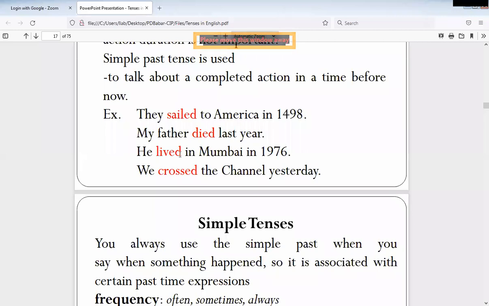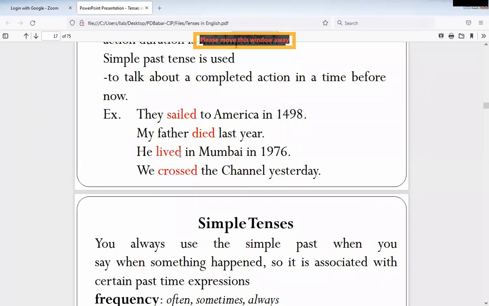Then, we lived in Mumbai in 1976. May that year be before 3 decades or 4 decades ago. Okay, 4 or 5 decades ago, we lived in Mumbai.